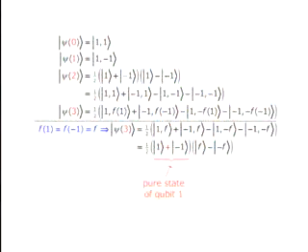So we see that the qubits are still individually in pure states, and the first qubit is in a state proportional to ket 1 plus ket minus 1. Okay, that's if f of 1 equals f of minus 1.